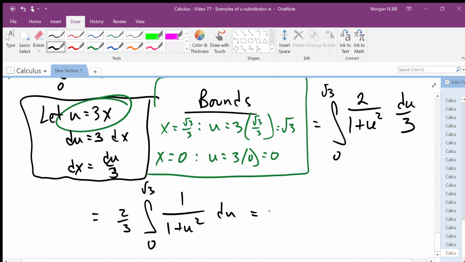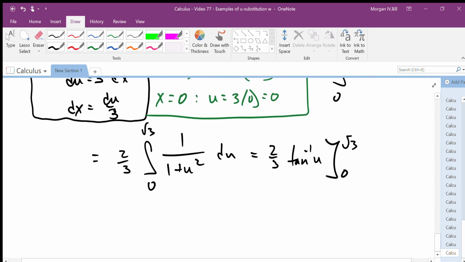So I get 2/3 inverse tangent of u, not x, but u, from 0 to root 3. Because I have u bounds here, I can just go ahead and do the fundamental theorem of calculus, f of b minus f of a. I don't have to switch back to x's.